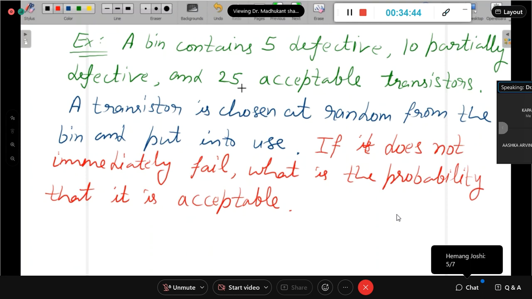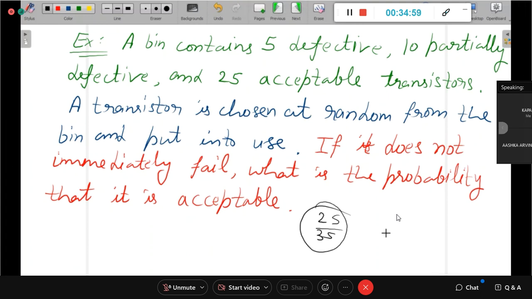So what is the probability that it is acceptable? Favorables are 25. So if I want to give a one line answer here, it is going to be 25 out of 35. That's going to be the final answer.